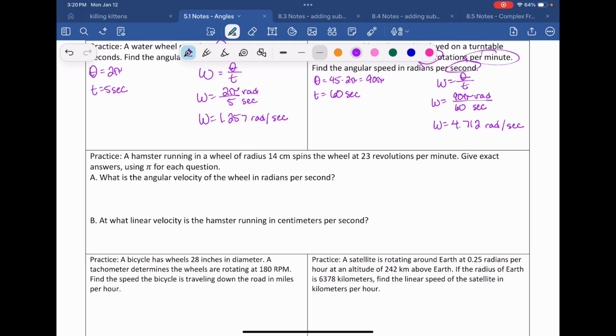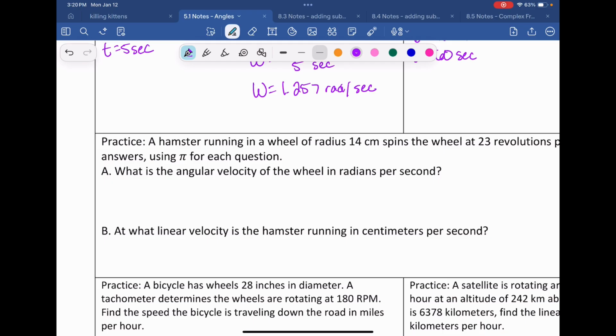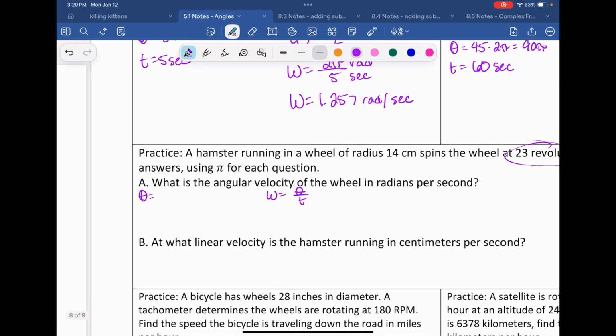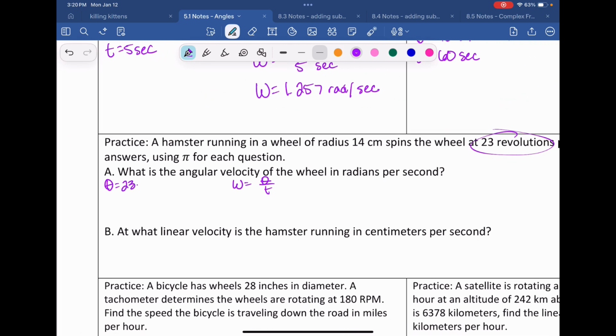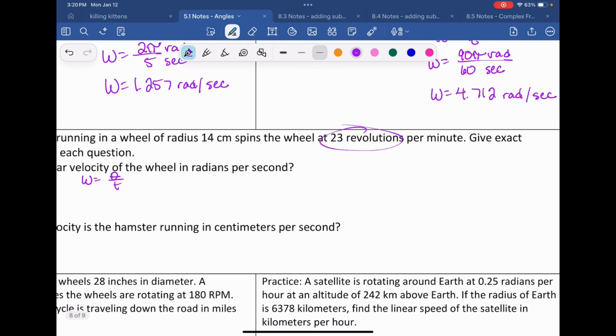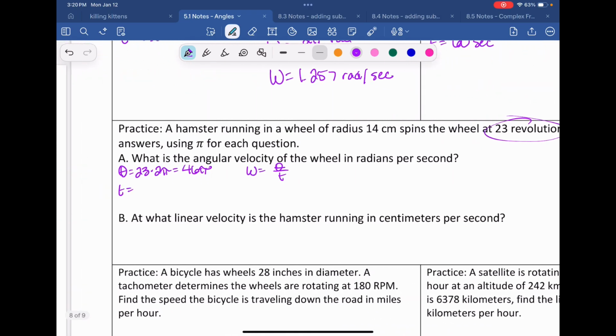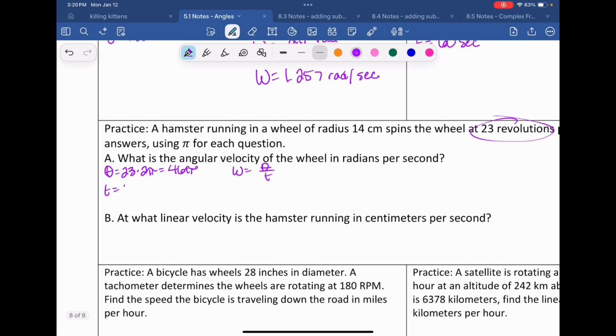All right, a hamster running in a wheel of radius 14 centimeters spins the wheel at 23 revolutions per minute. Give exact answers using pi for each question. What is the angular velocity in radians per second? Okay, that's omega. So I need omega equals theta divided by time. It tells me I have 23 revolutions, so 23 times 2 pi. Time, that's 23 revolutions per minute. I want radians per second, so that's 60 seconds.